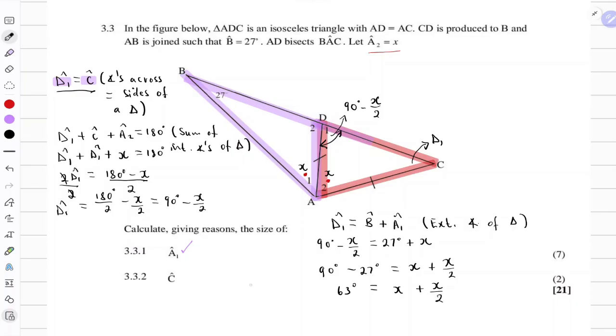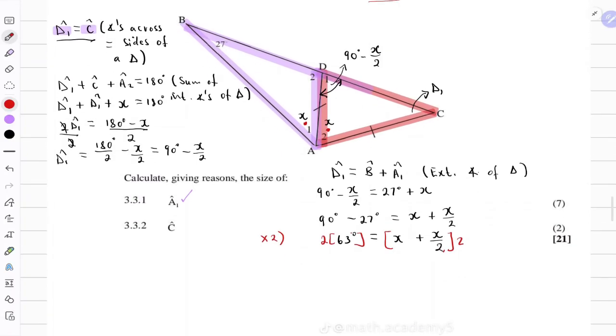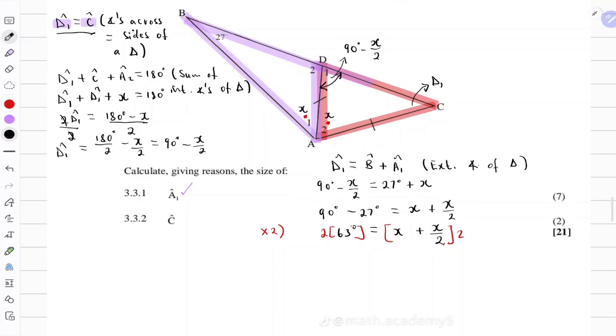So we can multiply throughout by 2. Why we multiply throughout by 2 is because we want to eliminate this 2. So this is 2 times that, and this times 2. So 2 times 63 is 126 degrees is equal to 2X plus X. So 126 degrees is equal to 3X.